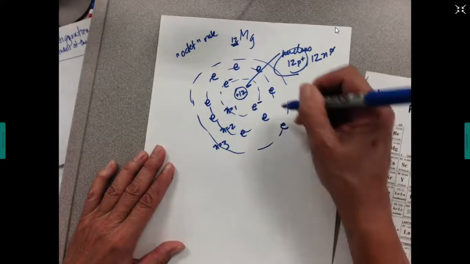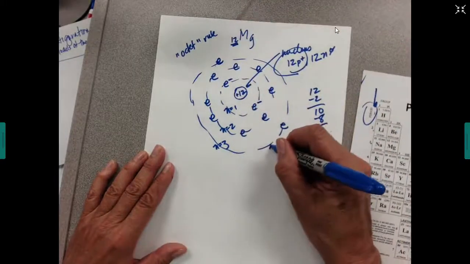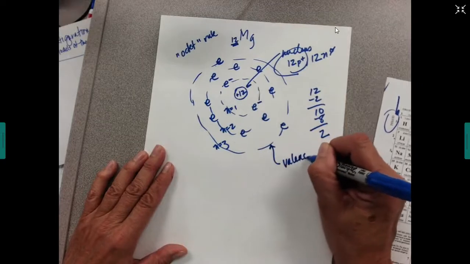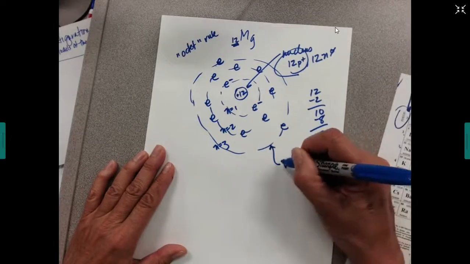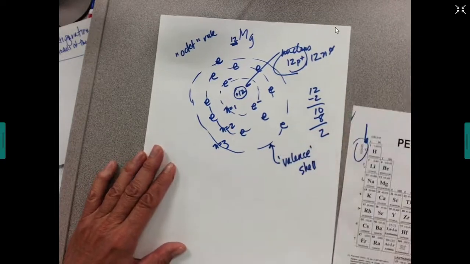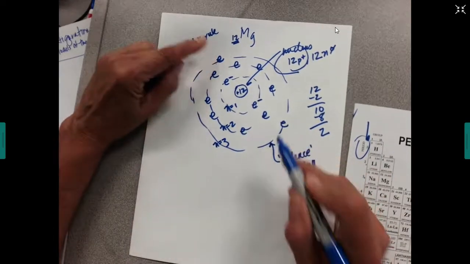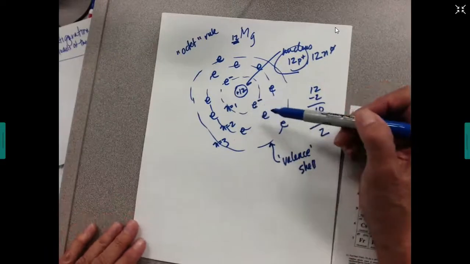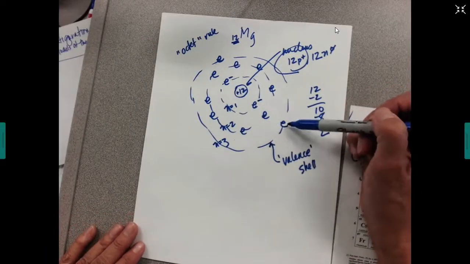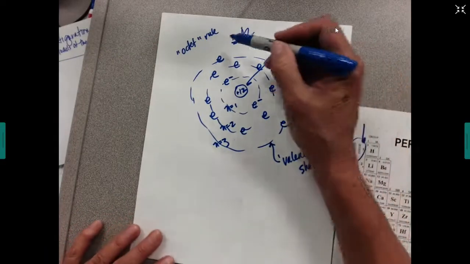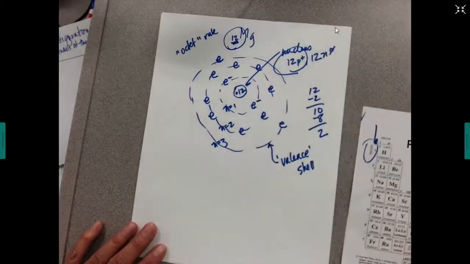So in the outermost shell, also known as the valence shell, meaning the outermost energy level of electrons, there are only 2 electrons. If we add them all up, 2 in the first shell, 8 more in the second makes 10, 2 more in the third shell is 12, so there's the magic number for magnesium.